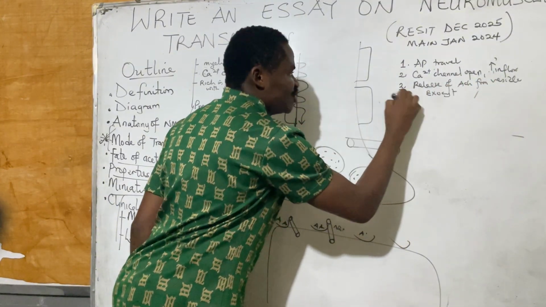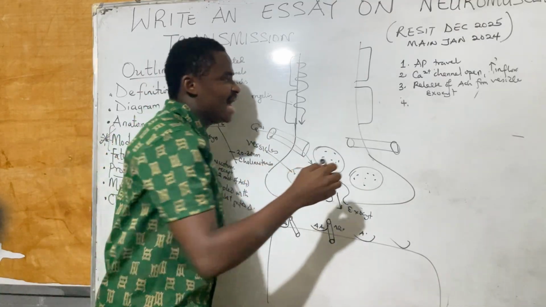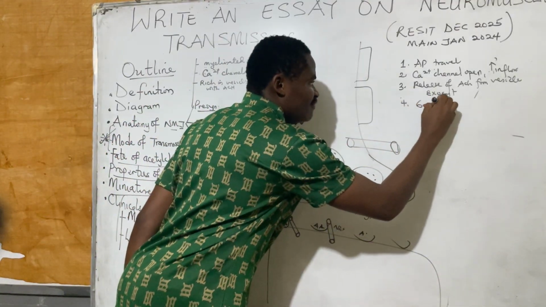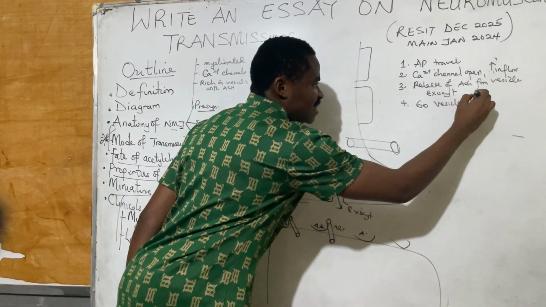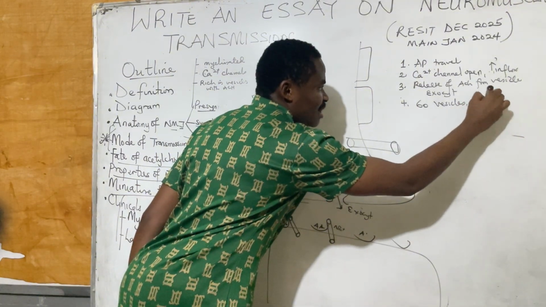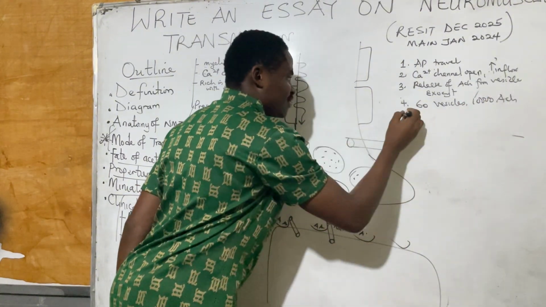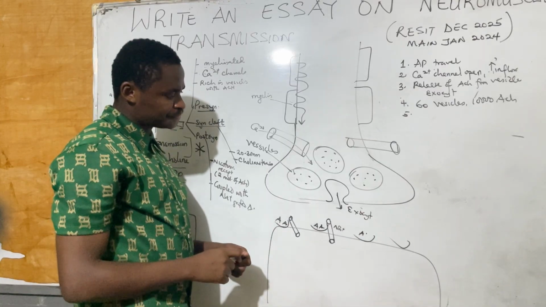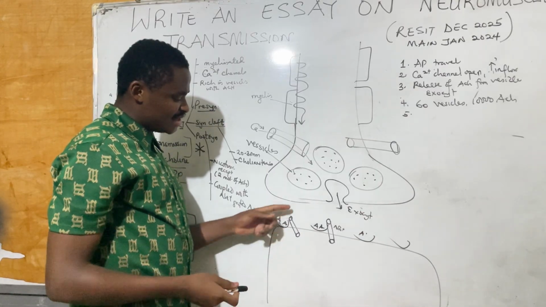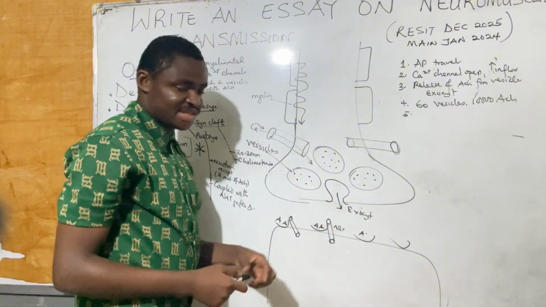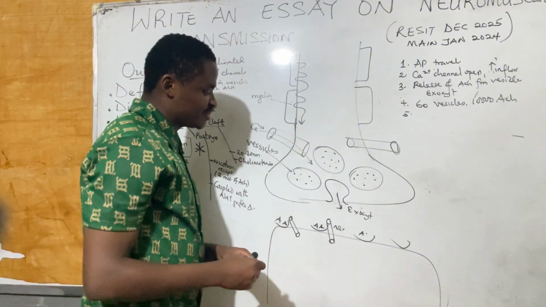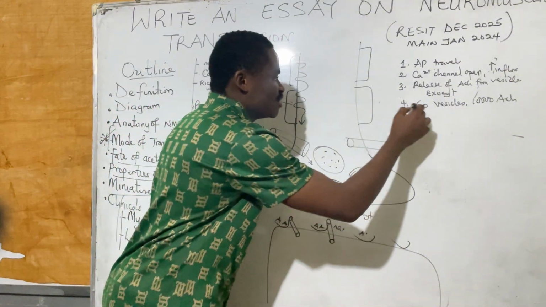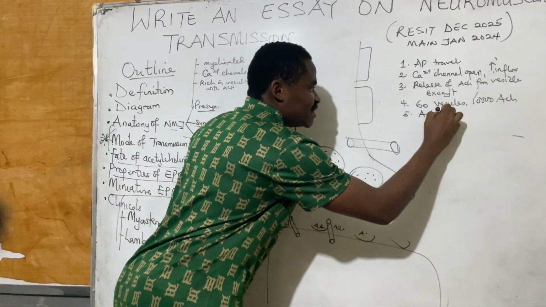Now, it is quite necessary you add this point that we have about 60 vesicles, and in each vesicle, we have about 10,000 molecules of acetylcholine. Now, what do we say as the fifth point? The fifth point you are going to say is that this acetylcholine is going to bind to receptors.